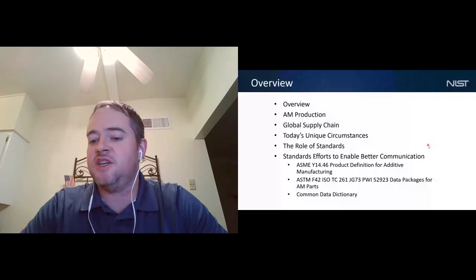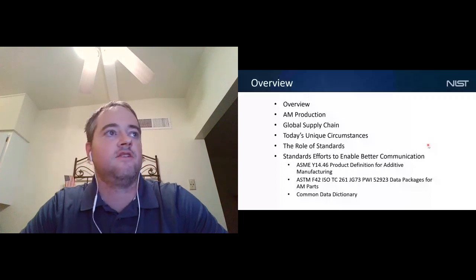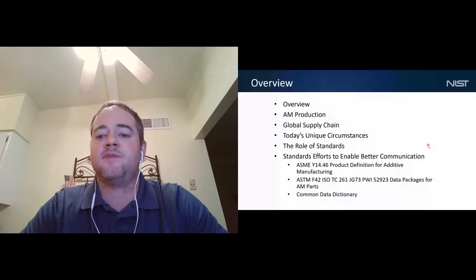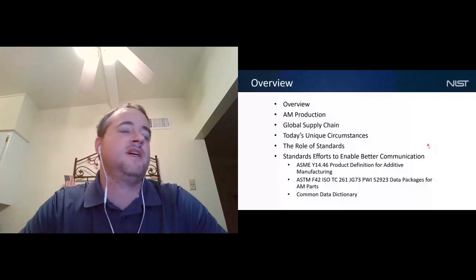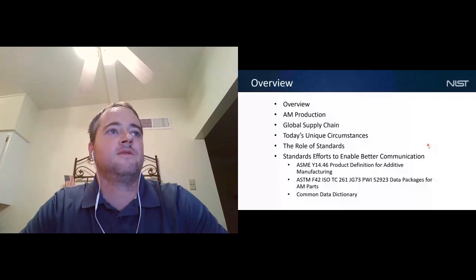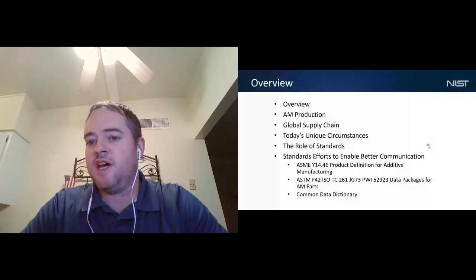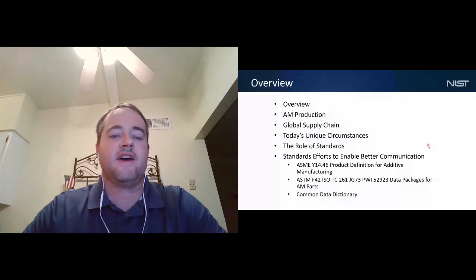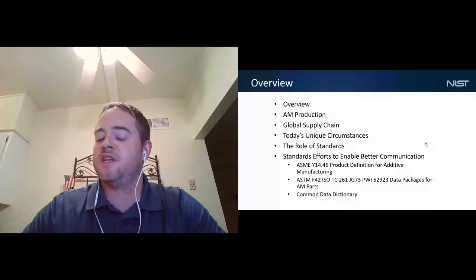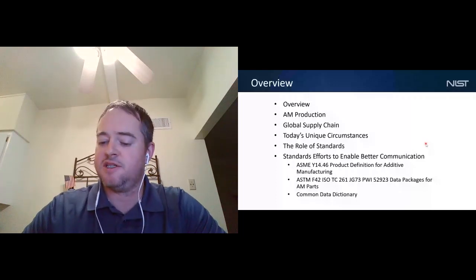I'll touch on today's unique circumstances with COVID-19, the coronavirus, and some of the opportunities and challenges that it's created. And then finally, I'll go into the role of standards, and I'll talk about several standards that are in development and well underway in additive manufacturing that really facilitate the communication about part processes and about the parts.